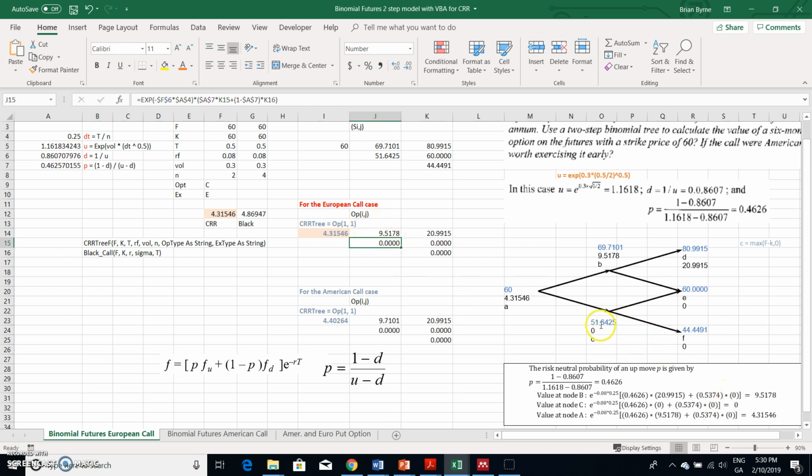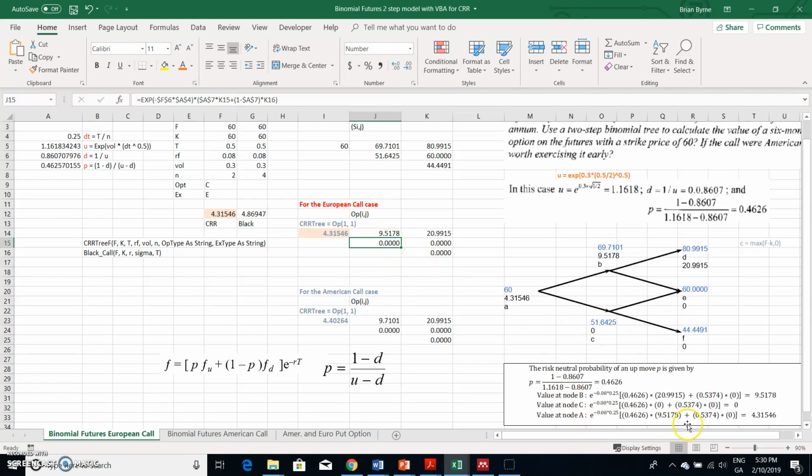Now in the case below, we have 0 and 0. So when I say e to the negative R times the time step, P times FU plus 1 minus P times FD, because FU and FD from the perspective of C are both 0, that in turn produces a 0 which goes here, and that's what I have here.